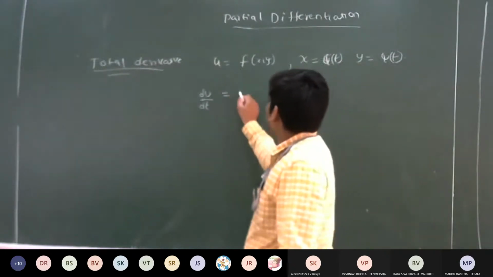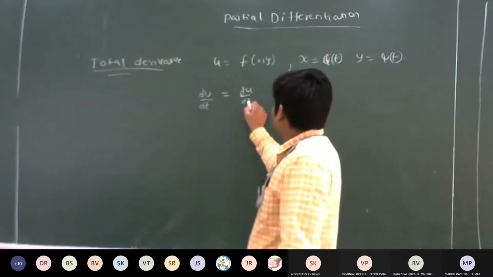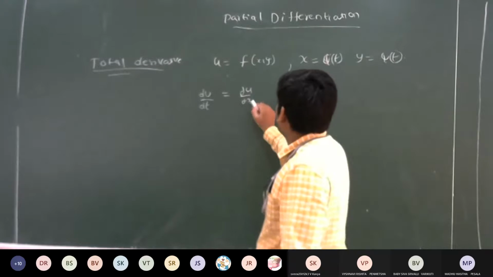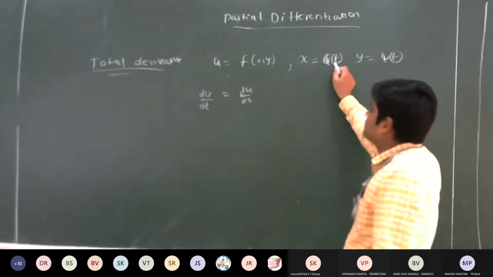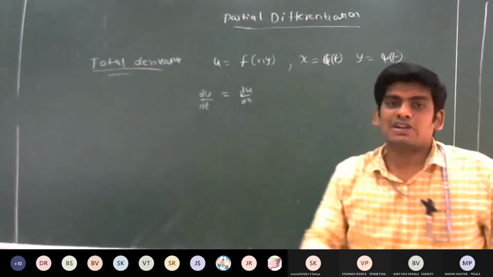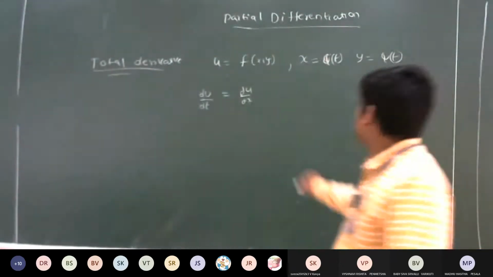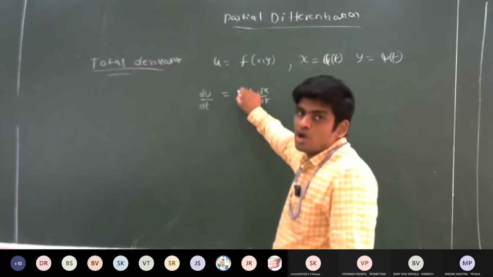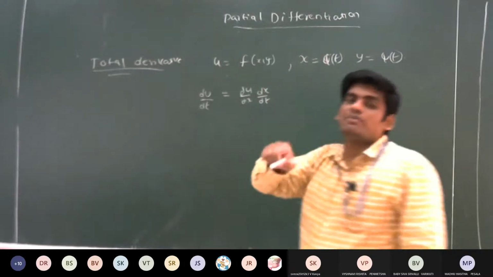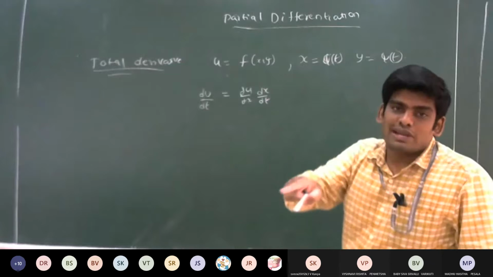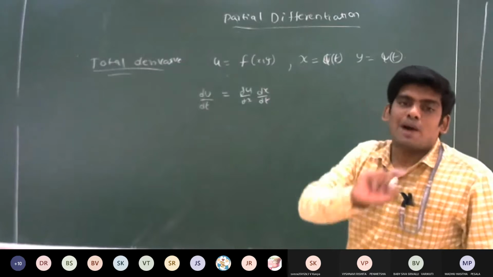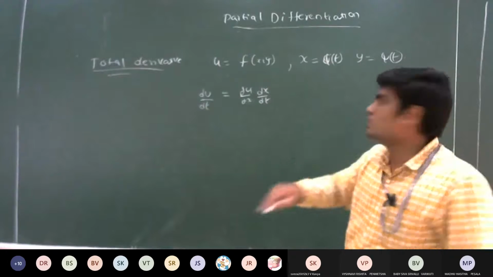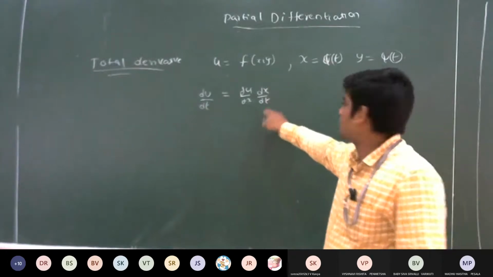Now u is a function of two variables, so it is dou u by dou x, and x is a function of one variable t, so it is dx by dt. Here I am using dou because u is a function of two variables. If it is a function of one variable, you use the d operator.